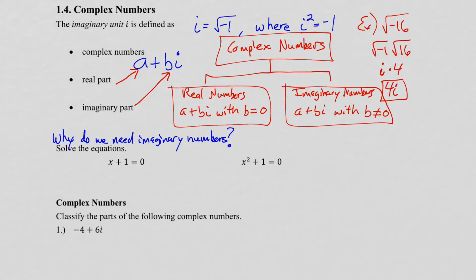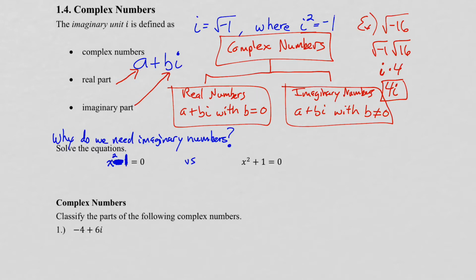I'm going to change this first equation to x squared minus 1. So looking at x squared minus 1 equals 0 versus x squared plus 1 equals 0.